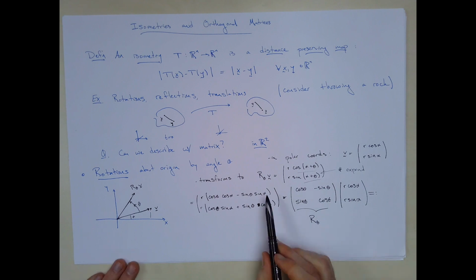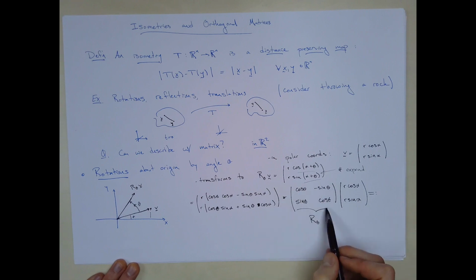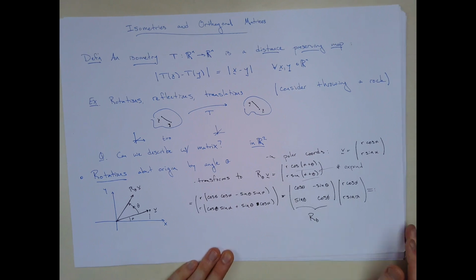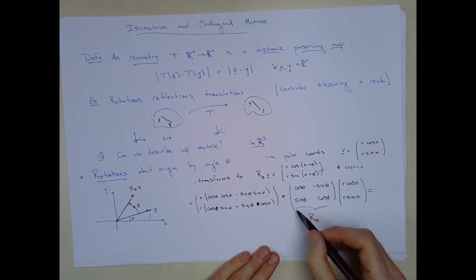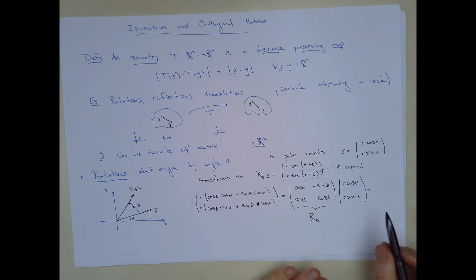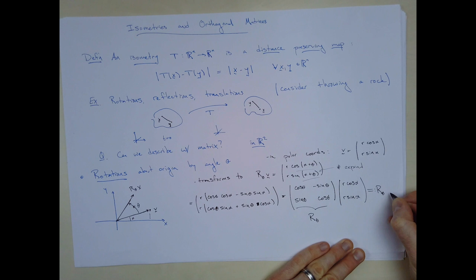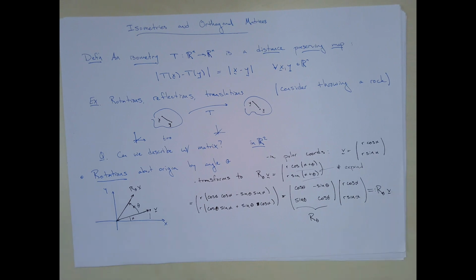Here I'm talking about the map, and here I'm showing that that map is equivalent to multiplication by this matrix, and I'm being a bit naughty by giving that matrix the exact same name as the map, but that's okay because we're going to use this a lot. So call that matrix r theta, which is independent of v, and therefore I see that this map is equivalent to the matrix r theta times the vector v.